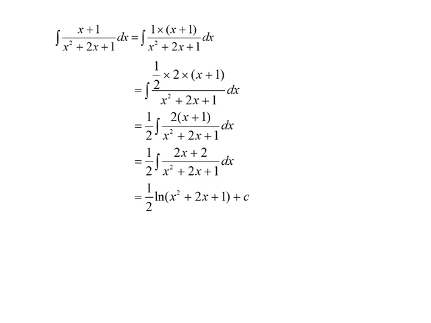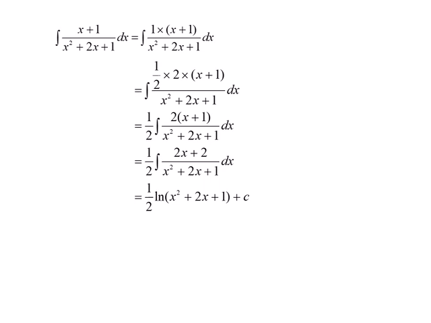So now, since we have done all the manipulation, we have arrived at half integral 2x plus 2 all over x squared plus 2x plus 1. Then we take the ln of the denominator.